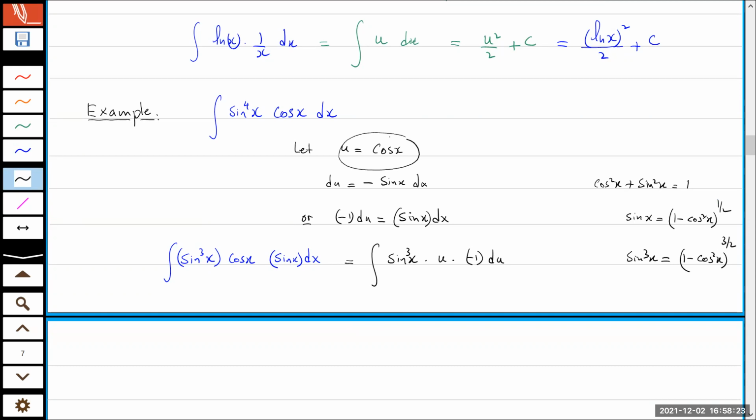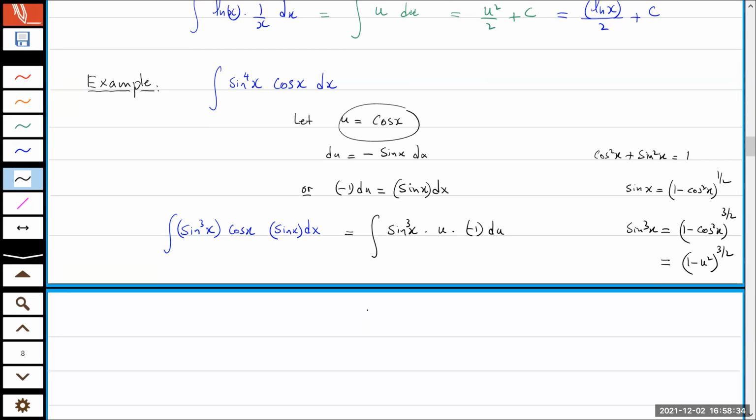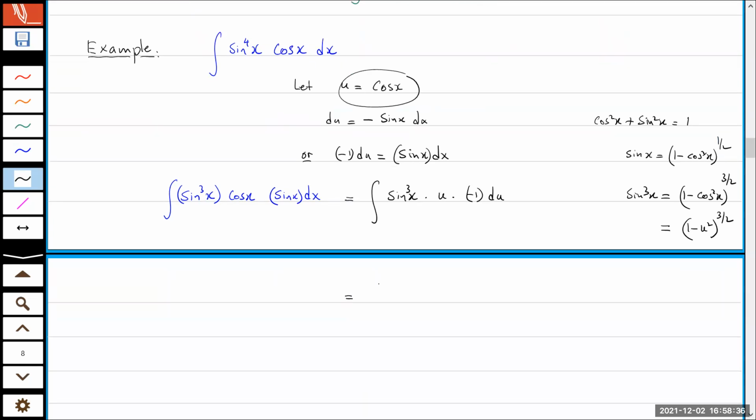And because my u equals cos x, I can write that this is equal to 1 minus u squared to the power 3/2. That's great. My integral becomes 1 minus u squared to the power 3/2 times u. I had a negative sign, I put it outside, du. This is what the integral becomes.